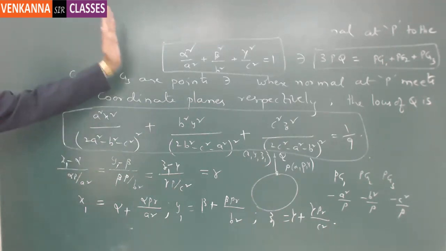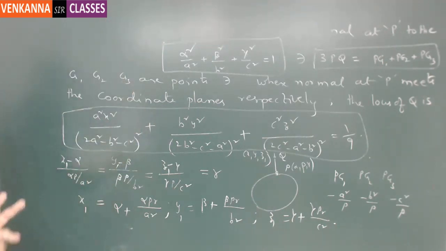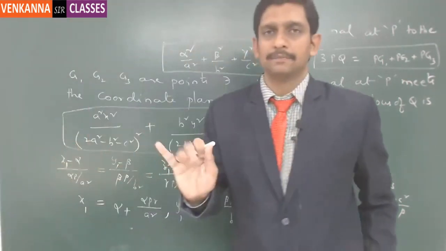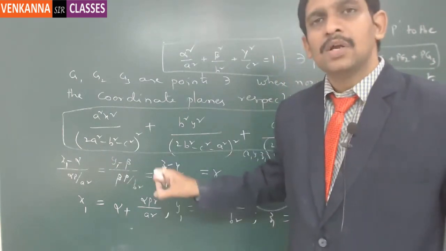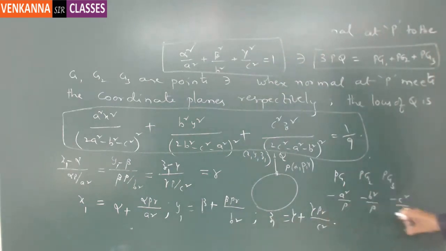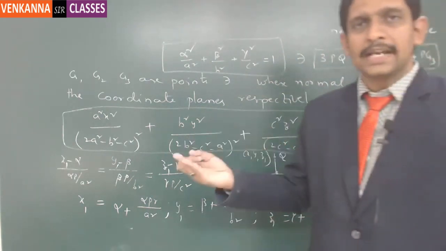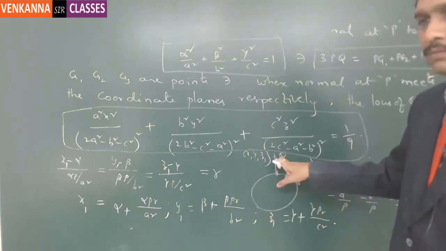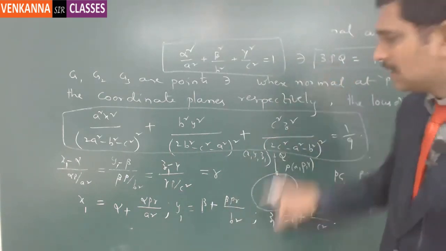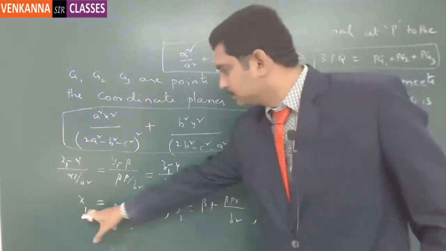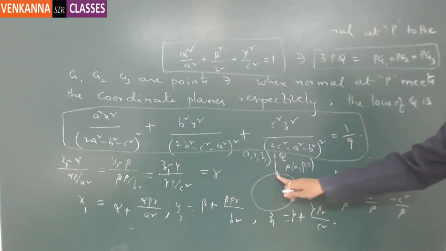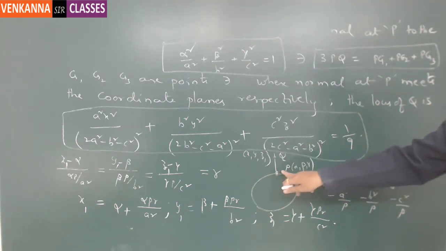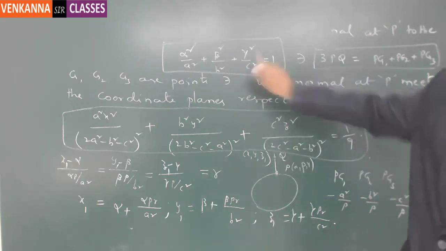So if you summarize the whole process, I have taken 3 points here. In the first part, I have written the normal equation. From this, I have calculated the distances. Second, I chose the point Q as per the problem description. These are the coordinates of Q. Third step, the point is also on the ellipsoid, so I have substituted the point in the ellipsoid equation.